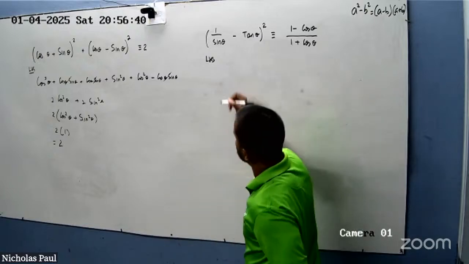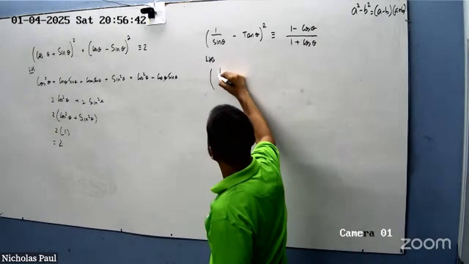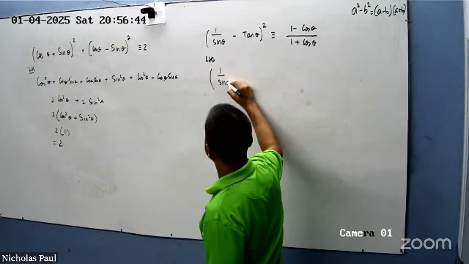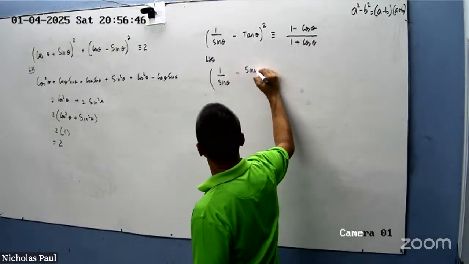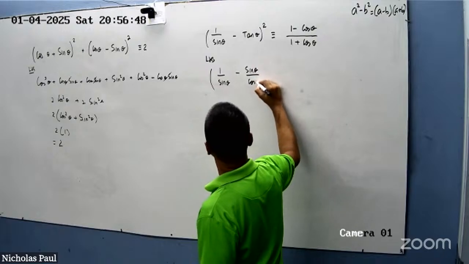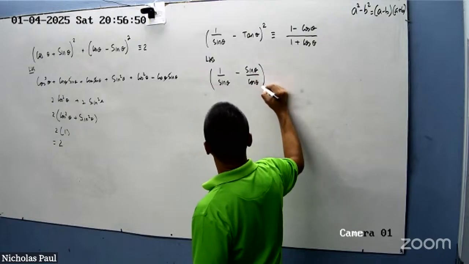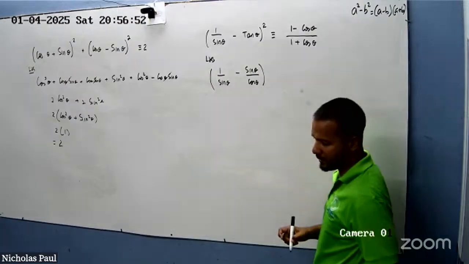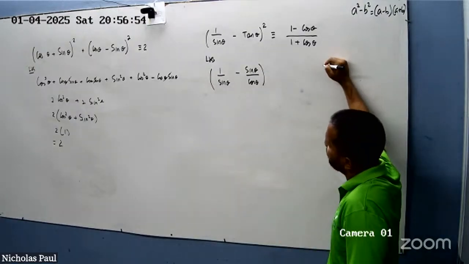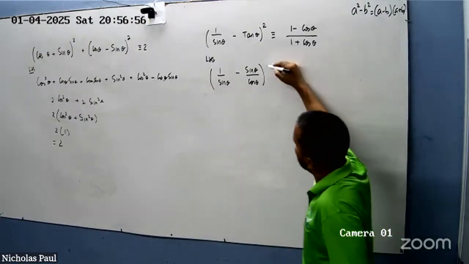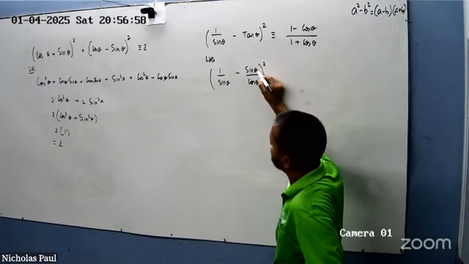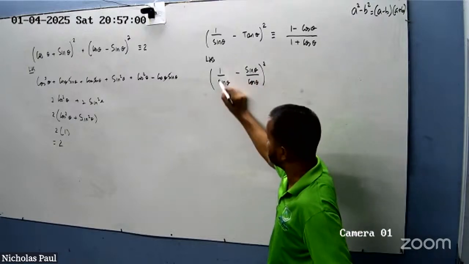As I was saying, left hand side, I would focus on simplifying here first before I start to do any squaring. I just want to simplify inside here.